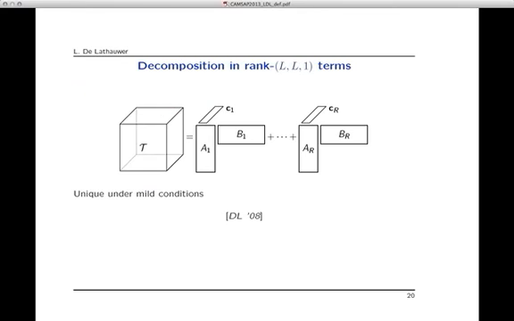Now you can say, in fact, that's restrictive. Let's expand all these matrices as linear combinations of low-rank matrices. That makes sense. Why does that make sense?